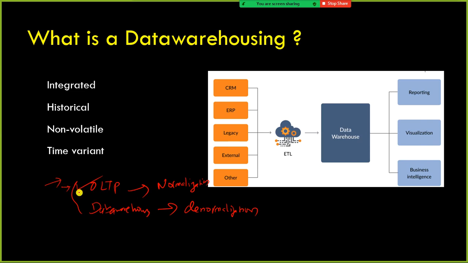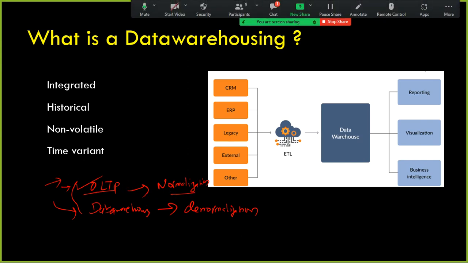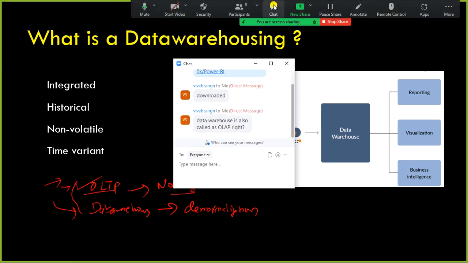Hence, the volume of data they keep minimal in the OLTP system. But when it comes to data warehousing, the volume of data is very high because you are storing multiple source systems' data, that too the historical data. In simple terms, the OLTP system will have less volume of data in it.